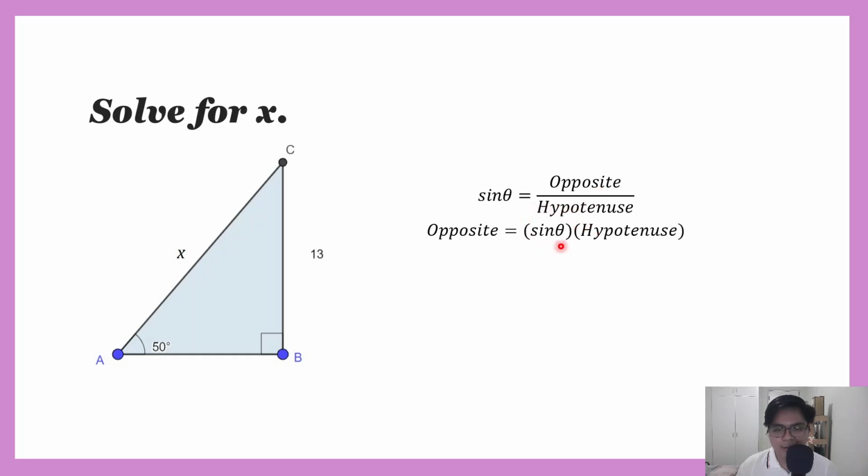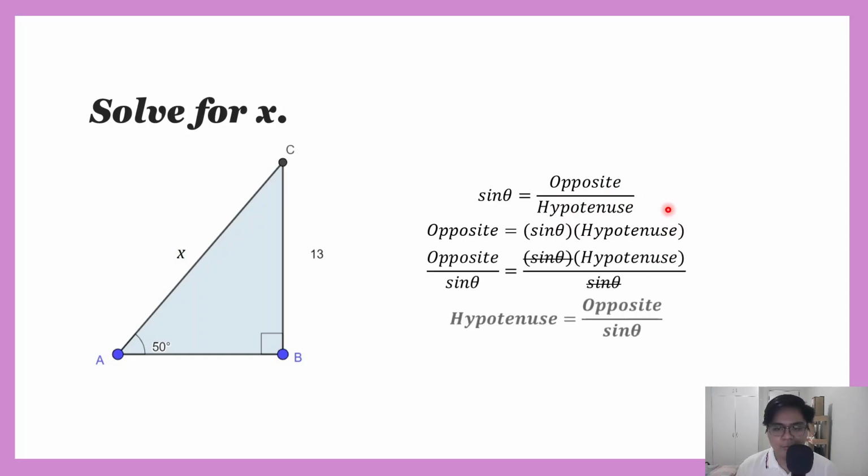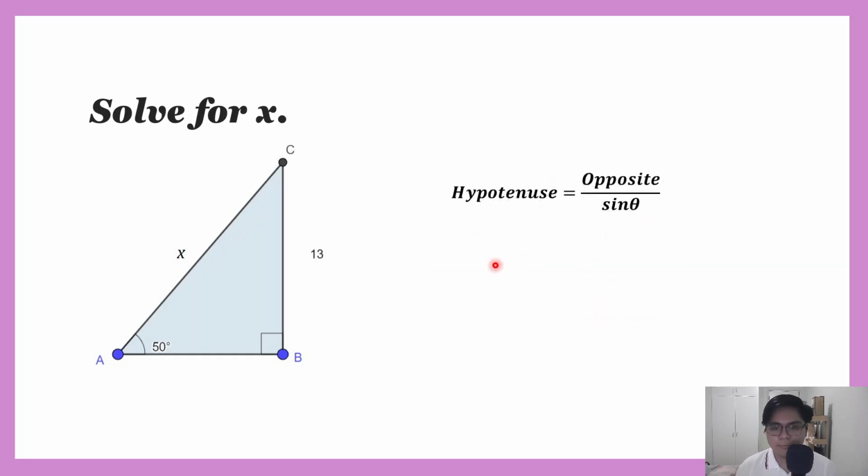We cancel sine theta for the hypotenuse to be retained, and we're left with hypotenuse is equal to opposite divided by sine theta. We now solve. We substitute the values. X is equal to 13 divided by sine 50, and the answer is 16.97 units when rounded off to 2 decimal places.